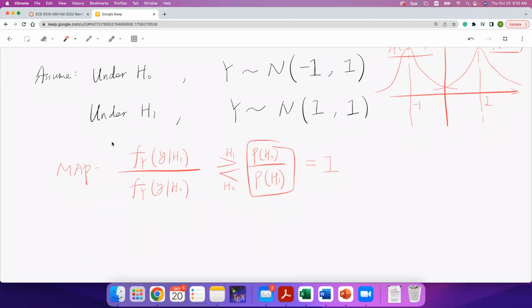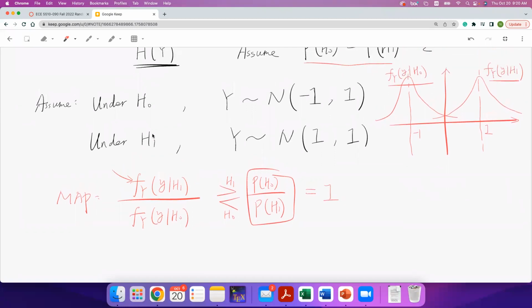Now plug in these PDF functions. We are given these two conditional PDFs under different hypotheses, which are different Gaussian distributions, so just plug them in. Under H1, the PDF follows a Gaussian distribution centered at 1.